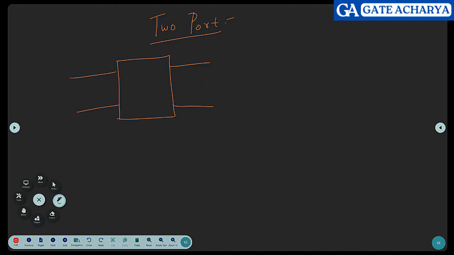Any electronics industry will have a team called the characterization team. What they will do is take that component. It can be a transistor, whatever it is, and then they will connect a voltage source and measure current, or otherwise connect a current source and measure voltage. At the end, they are characterizing the component.